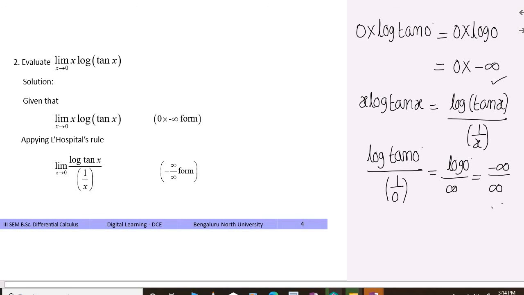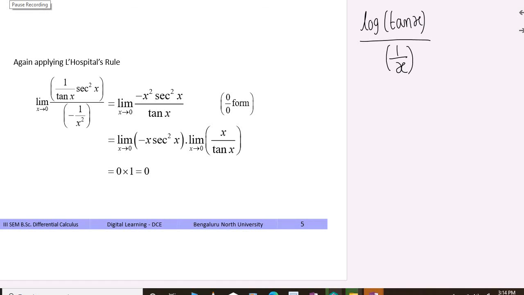Then we are going to get the indeterminate form minus infinity by infinity. Now we are going to apply L'Hopital's rule. Log differentiation is 1 by tan x.